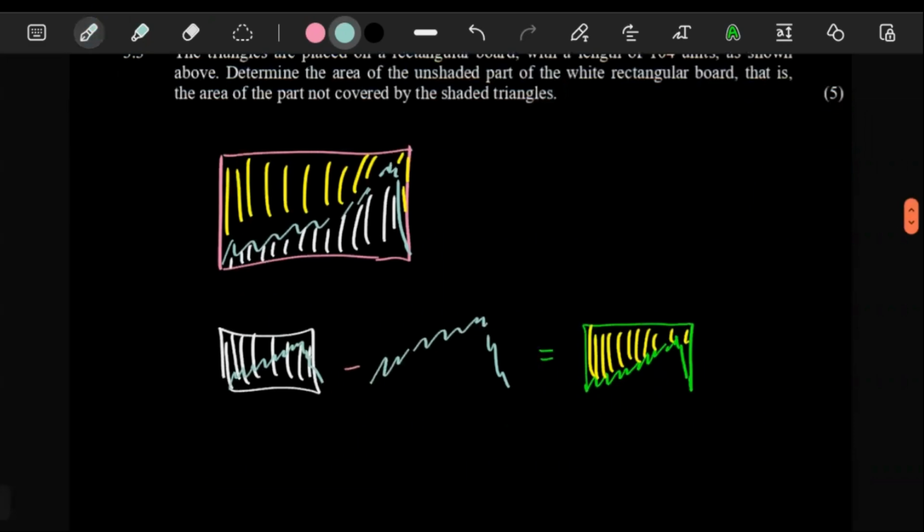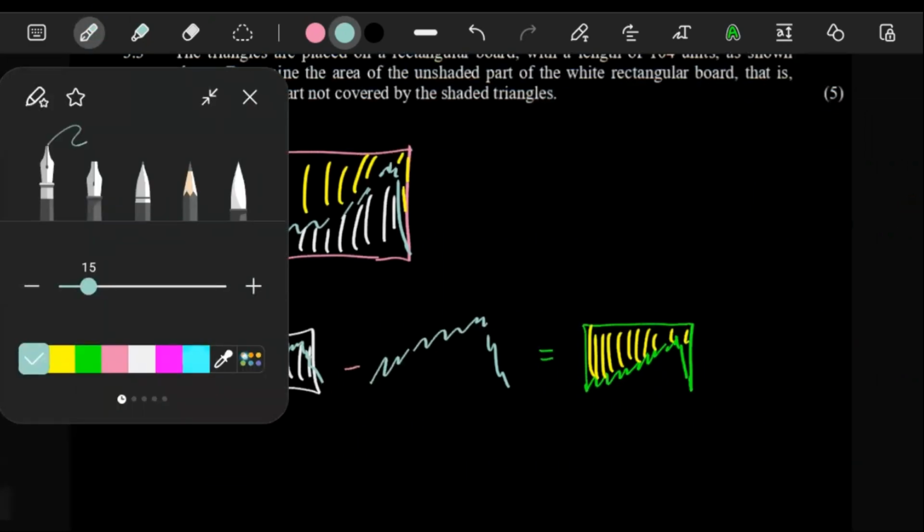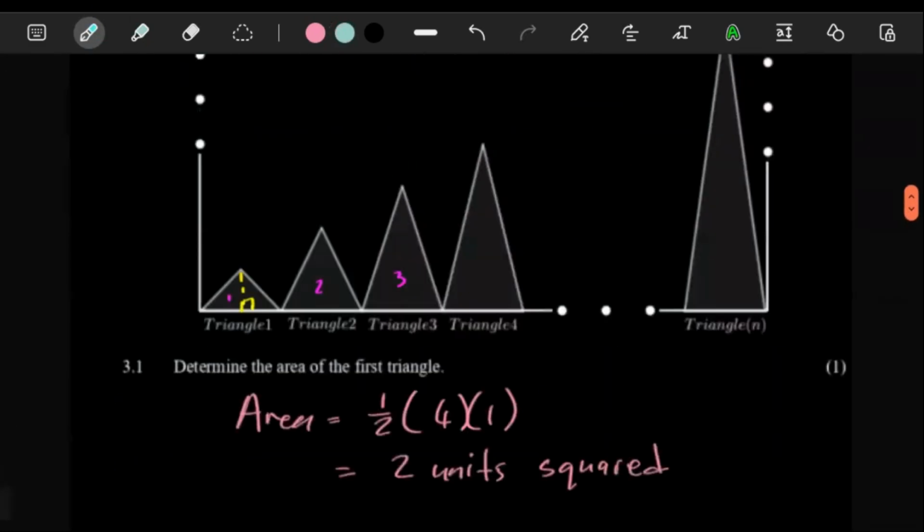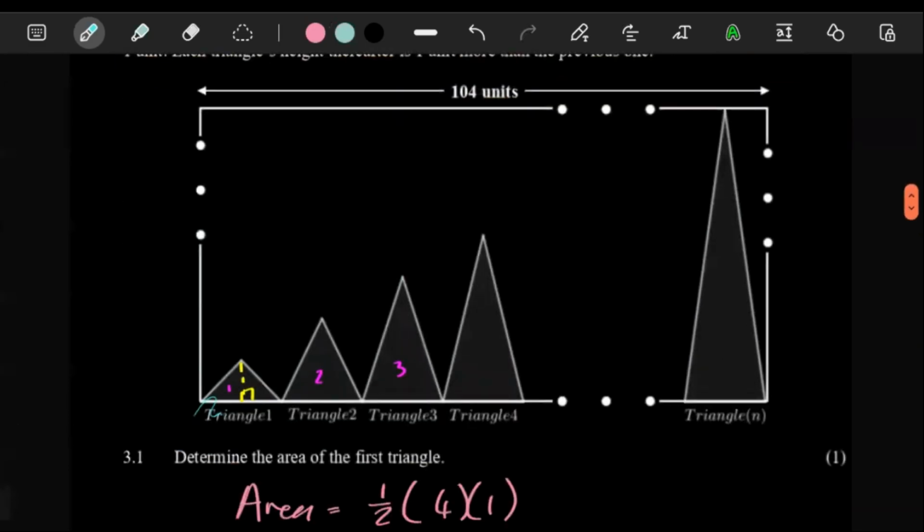So to do that, the area of the rectangle is easy. Let's get that first. The area of the rectangle, remember, from here all the way to the end, they told us it's 104. So for us to work out this distance here, we have to know how many triangles we have.